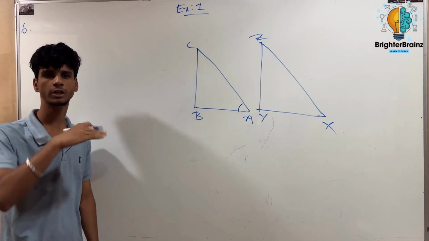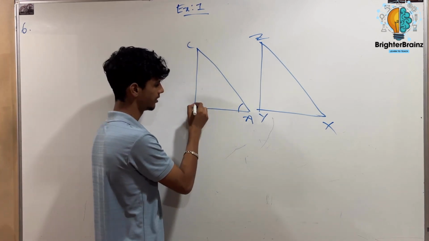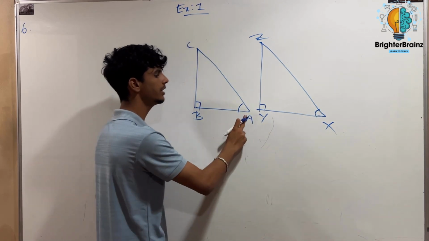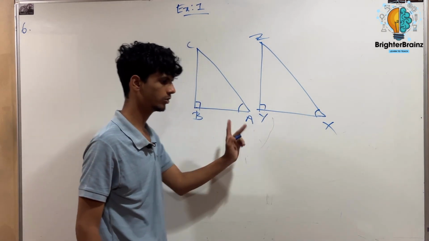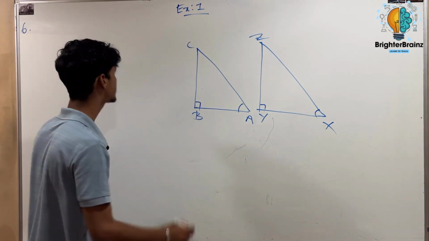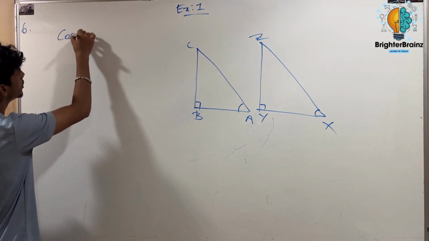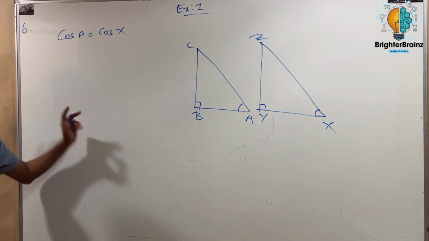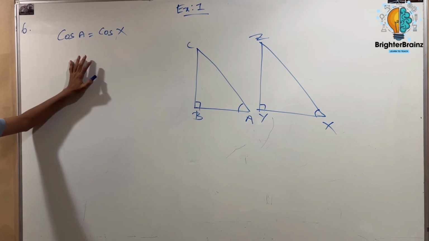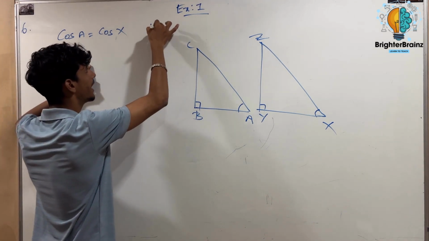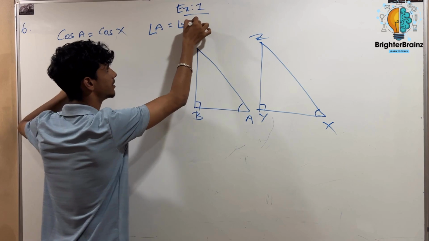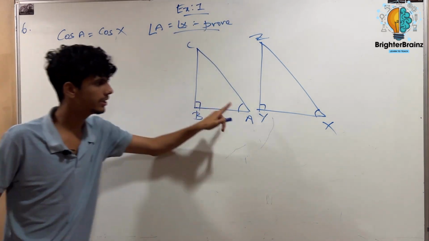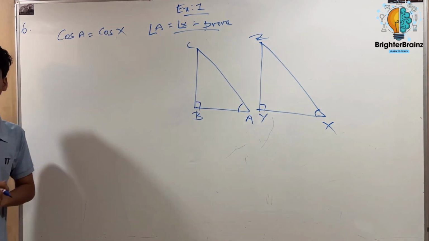So this is the right angle, this is the right angle, and A and X are acute angles, such that cos A is equal to cos X. And he is asking to prove that angle A is equal to angle X. He is asking whether these two angles are equal or not.